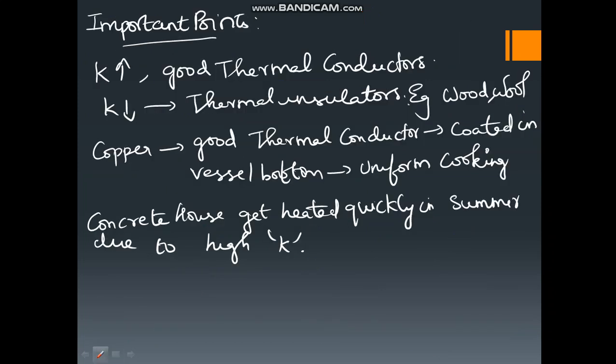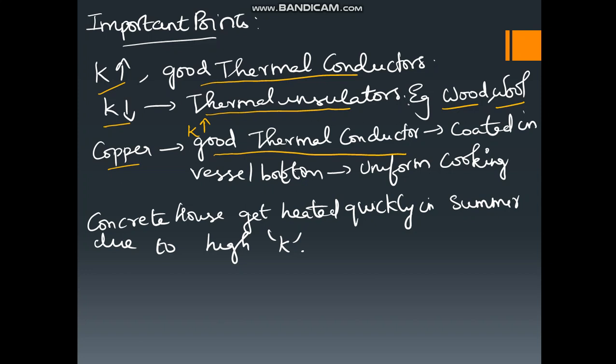What are the important points you must remember? If the thermal conductivity value is high, it is a good thermal conductor. If the thermal conductivity value is low, it is a thermal insulator or a poor thermal conductor. Examples of poor thermal conductors or thermal insulators are wood and wool. Copper is a very good thermal conductor because its K value is high.